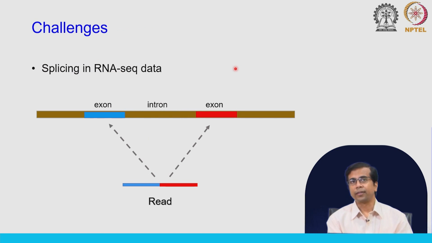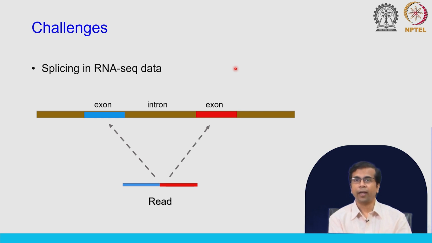And finally, there is another challenge, a specific challenge for RNA-seq data. We will talk about this in more detail when we talk about transcriptomic data analysis and read mapping in RNA-seq data. What happens when you are processing RNA samples, in mRNA, you have splicing.